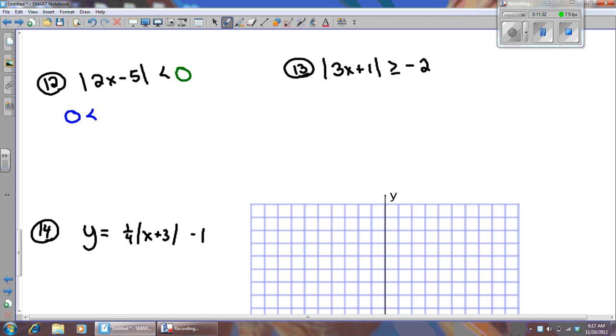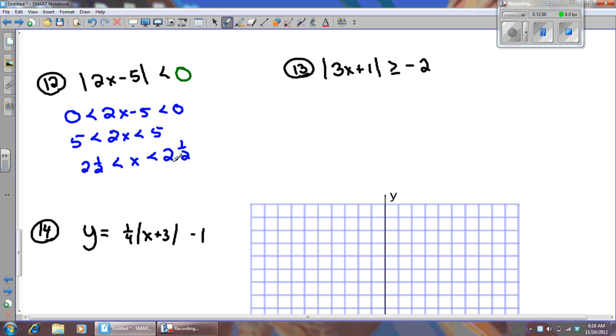It's an and. Okay, and I'm going to get 2x is less than 5. All right, and going to get a 5 there. And when I divide by 2, I'm going to get negative 2.5 is less than x, which is less than 2.5, which should seem really, really strange to you.